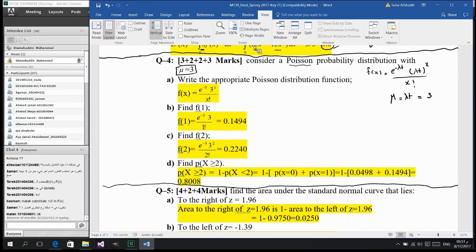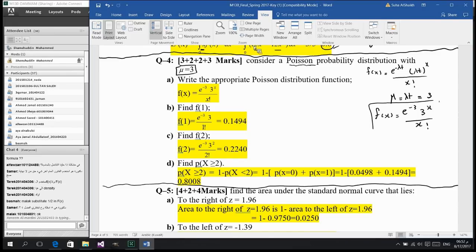I'm talking about a Poisson probability distribution with mu equal to 3. This is the Poisson distribution formula, and the lambda t is my mu. So they gave me that this mu is 3. So directly I know that my formula is f(x) equals e to the power minus 3, times 3 to the power x, over factorial x, right? So this is my formula.